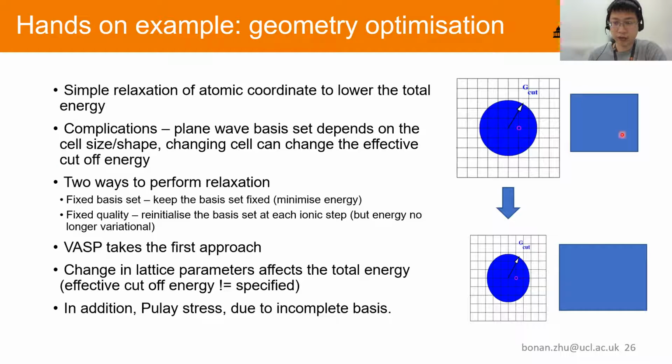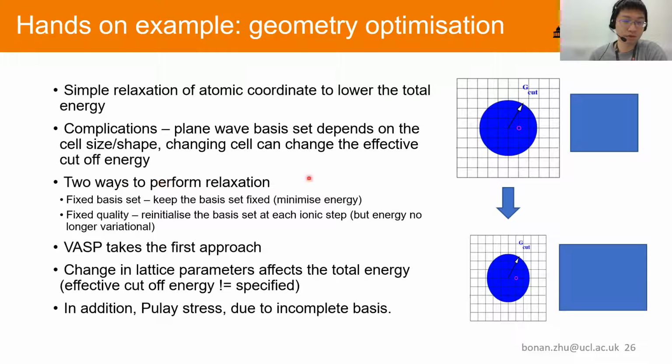If we have an expansion of the real space, the reciprocal space will shrink. So that means your effective cutoff energy is also changing when you change the shape of the cell, and mostly it has to do with the size of the cell. That's basically a problem, because by changing the cell, we're essentially changing the cutoff energy.